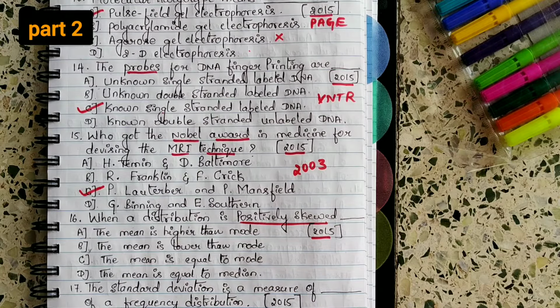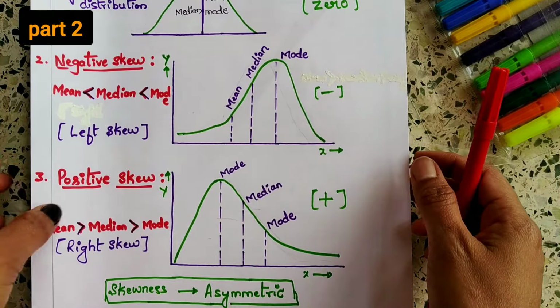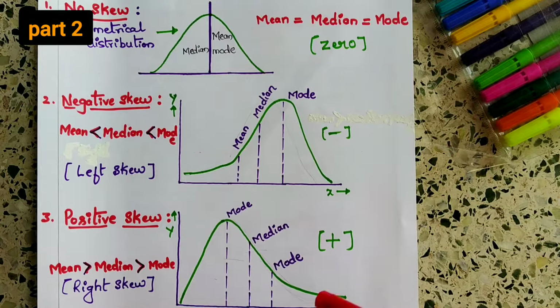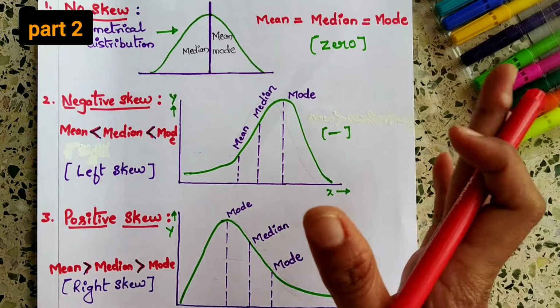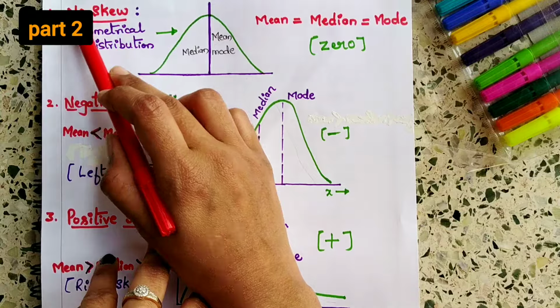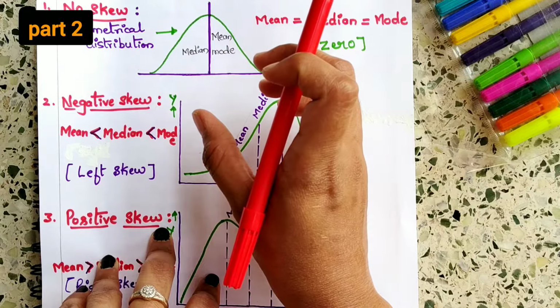Before that, I will just give a small idea of what skewness is. Let us know the meaning first. So here I have drawn the picture. I guess this is all visible. Before explaining the skewness, let us see what happens if there is no skew. This is the diagram here. If there is no skew, that means there is a symmetrical distribution.